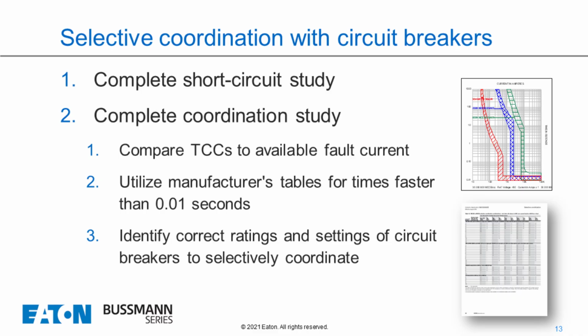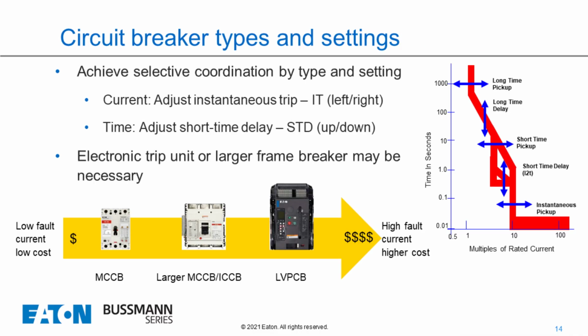Let's look a little bit into breaker settings. We've got some of the bigger breakers, such as the large insulated case circuit breakers, as well as the low voltage power circuit breakers. They have different settings: long time pickup, short time pickup, long time delay, short time delay, and then you've got your instantaneous.